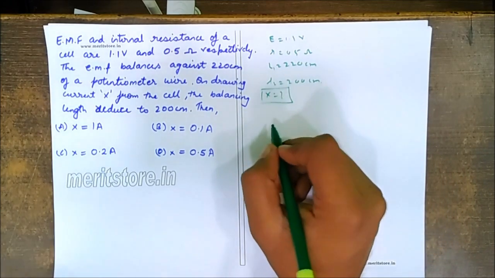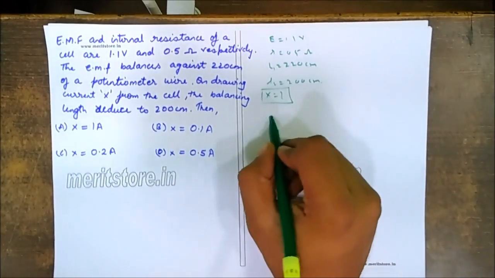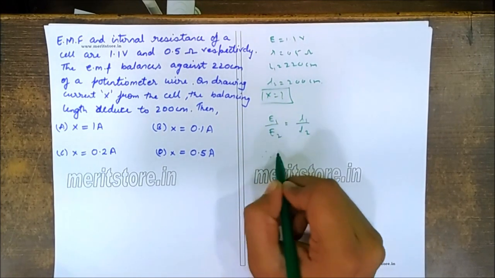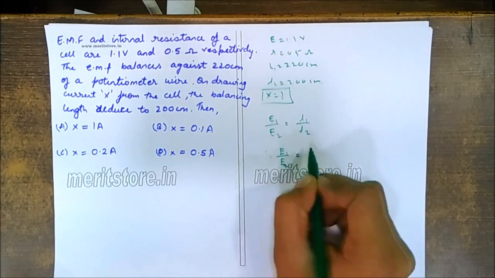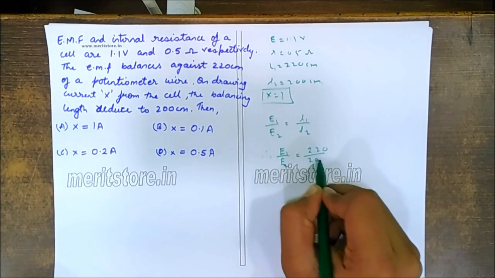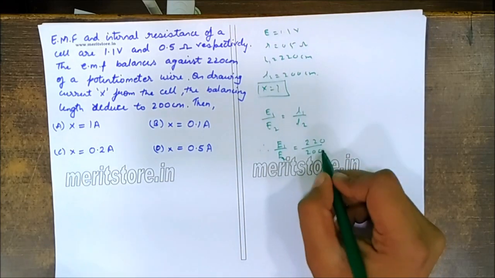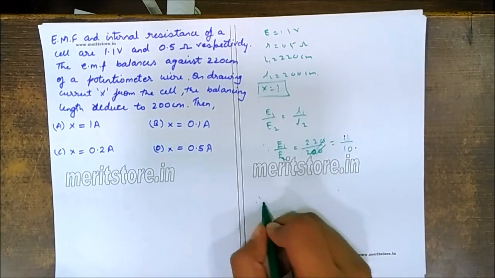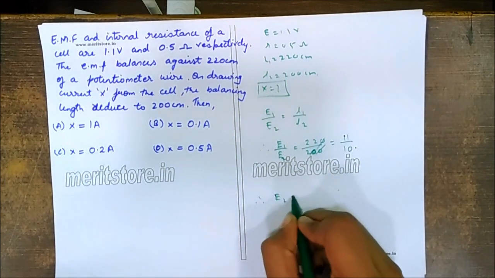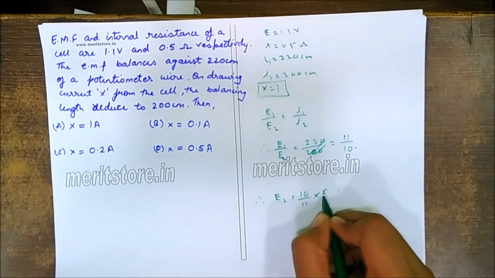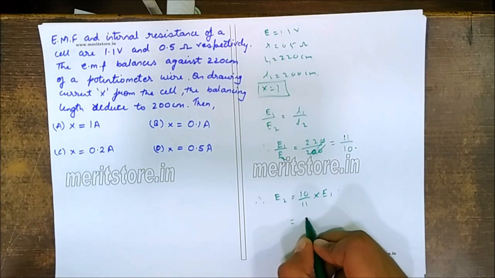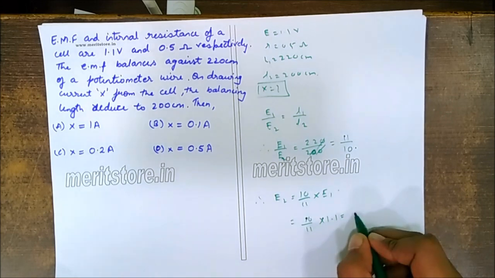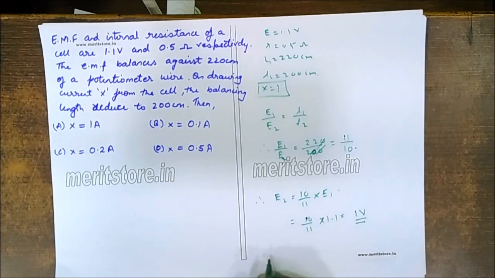So I can say that E1 upon E2 is equal to L1 upon L2. So this is E1 upon E2 is equal to L1 is 220 upon 200. So we get this as 11 upon 10. Therefore E2 is equal to 10 upon 11 into E1, that is 10 upon 11 into 1.1, that is equal to 1 volt.